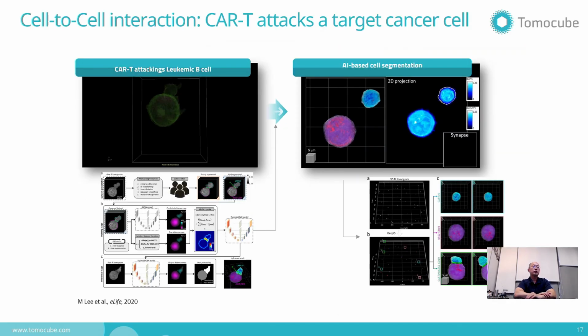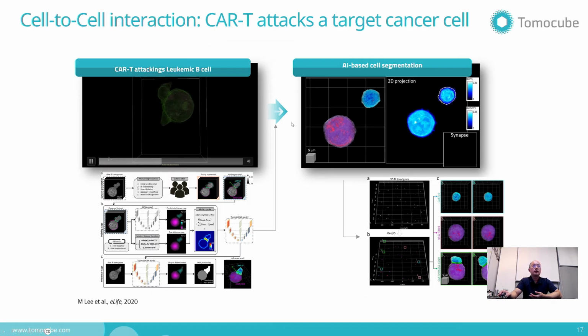So these are examples of how AI can be used to perform high throughput segmentation of cell membrane. This is the interaction between CAR T cell and attacking tumor cancerous B cell.